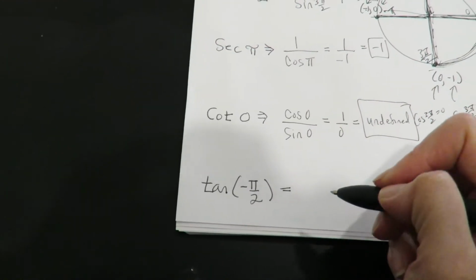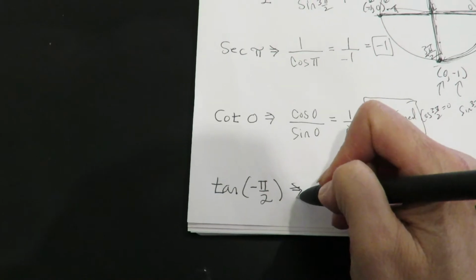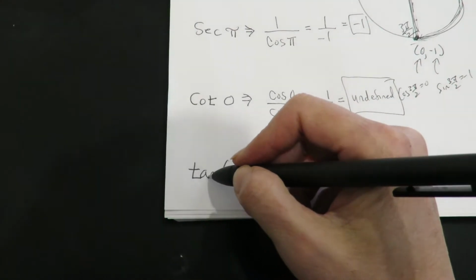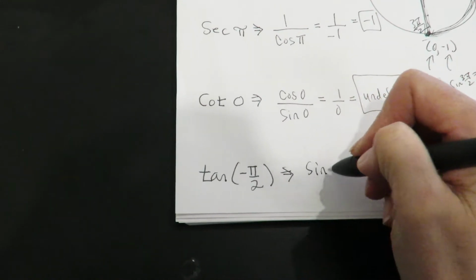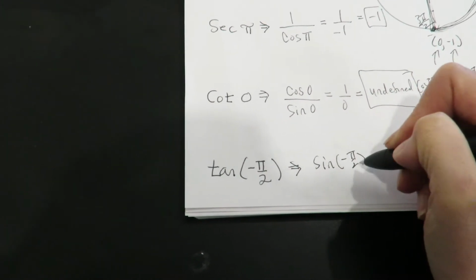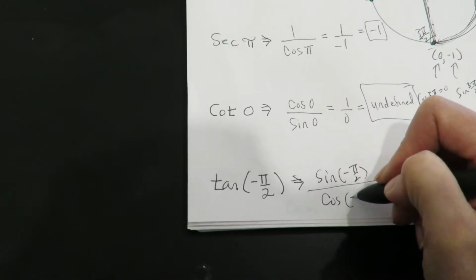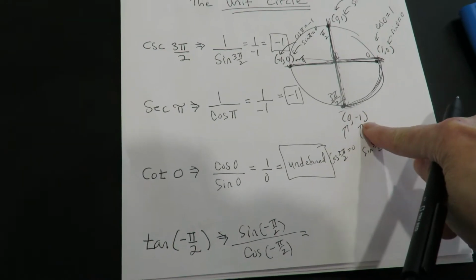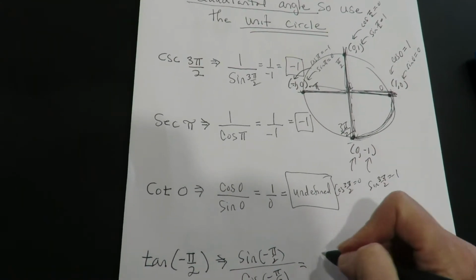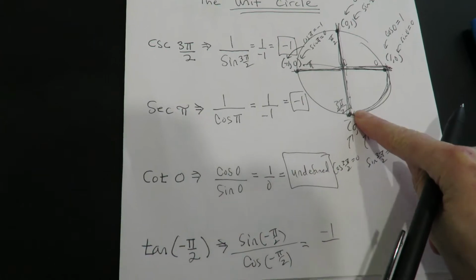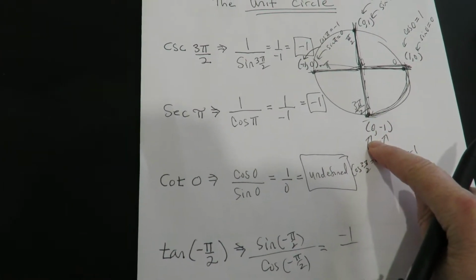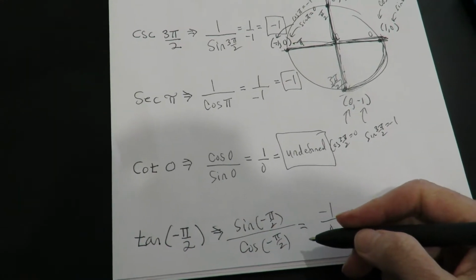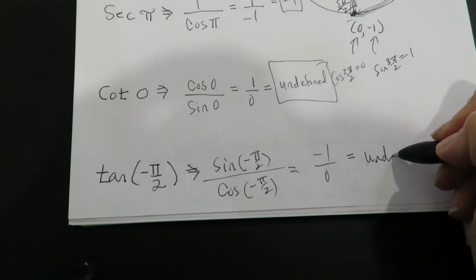So I'm going to use, again, the quotient identity. The quotient identity for tangent is sine of the angle over cosine of the angle. Sine of negative pi over 2 is right here; it's -1. Cosine of negative pi over 2 is the first value; it's 0. So I'm getting the same scenario where I'm dividing by 0, and therefore this is undefined.